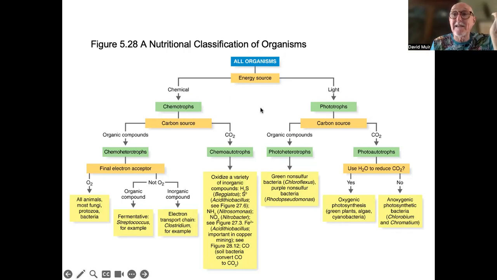Well, that can be very complicated. Because look at us, think of our own physiology. We derive our carbon from already created organic compounds. And because of that, we are called chemoheterotrophs. That is us.